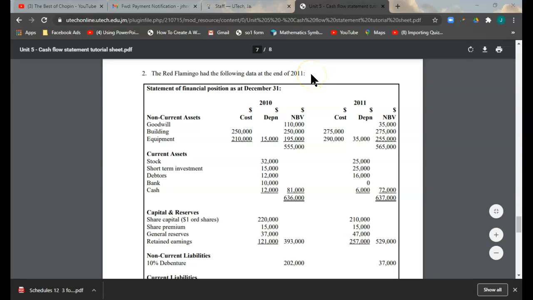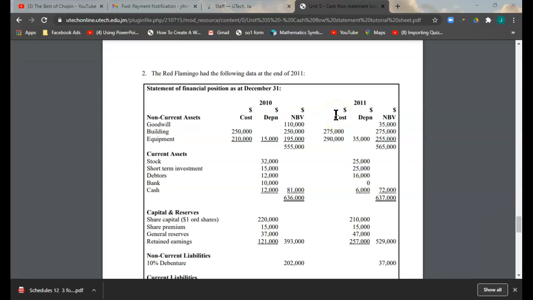So we're going to need a statement of financial position for 2011, which is this one, these 3 columns. And we also need the previous year's statement of financial position, which is 2010. And these are the data. So those are 2 of the 3 documents that you will need.